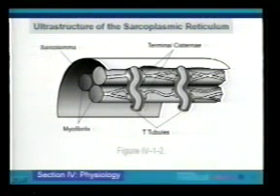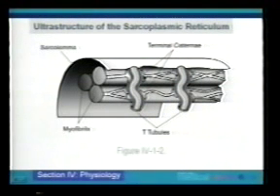Now, the other aspect here relates to the sarcoplasmic reticulum. And there are two big points here. The sarcoplasmic reticulum is an internal membrane system that stores calcium. And the second point is that most of this calcium is stored in the terminal cisternae of the sarcoplasmic reticulum.